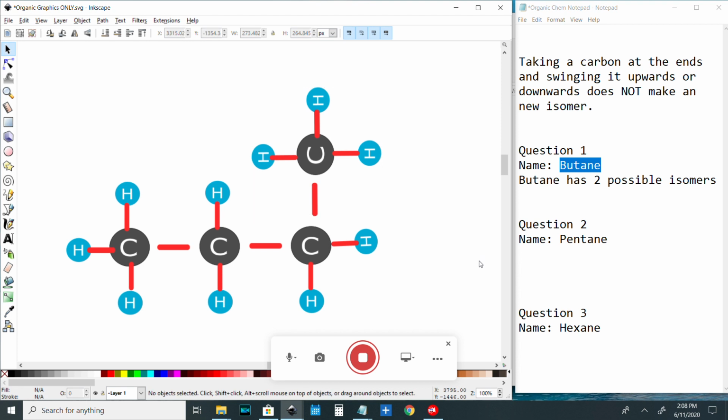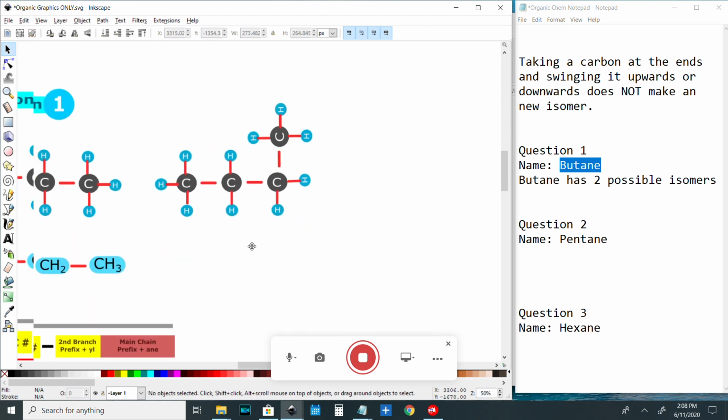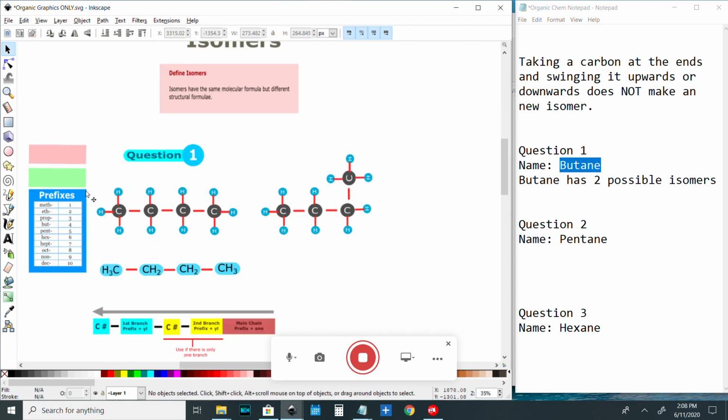This looks different, okay? And it has the same amount of C's and the same amount of H's, the same amount of carbon and hydrogen. But does it have a different name? For it to be an isomer, it must have a different name. I think this will have the exact same name, because even though I rearranged the C and the H's, remember, I can still walk from this C to the last C without stepping on my own tracks.